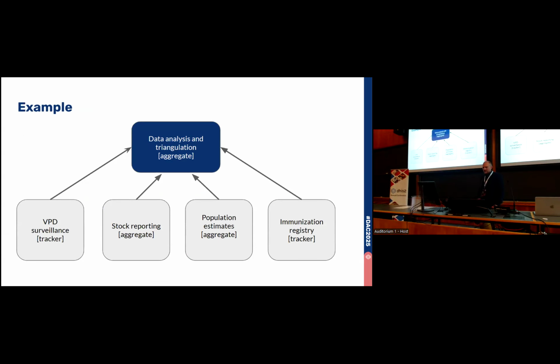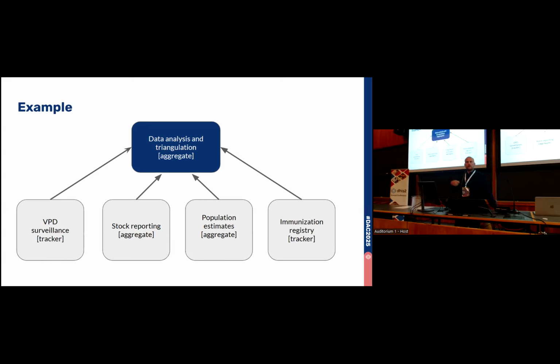Yeah, just a very simplified example here. If you have a case where you have a tracker for VPD surveillance, of vaccine preventable diseases, and you really want to have a full picture of that use case or domain, you might also have to look at your stock data for vaccines, that is aggregate numbers.